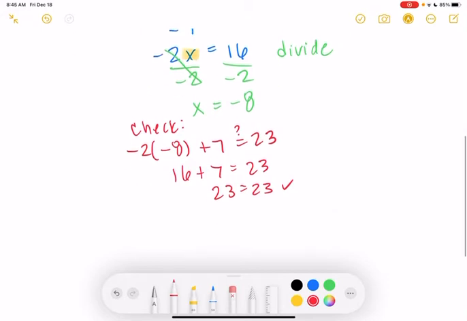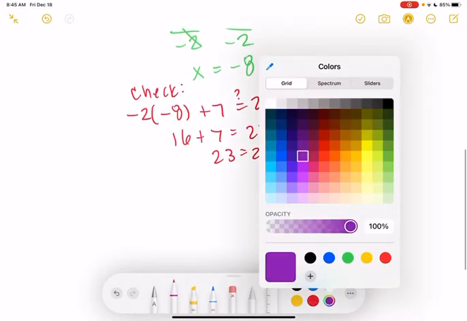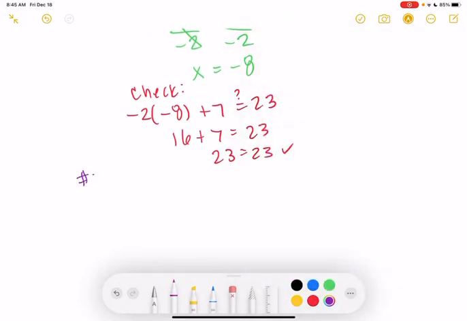Okay, number 3. For number 3, I have 2 minus x equals negative 9. So here's our x. What should we do first? I see this positive 2, so how are we going to get rid of that?